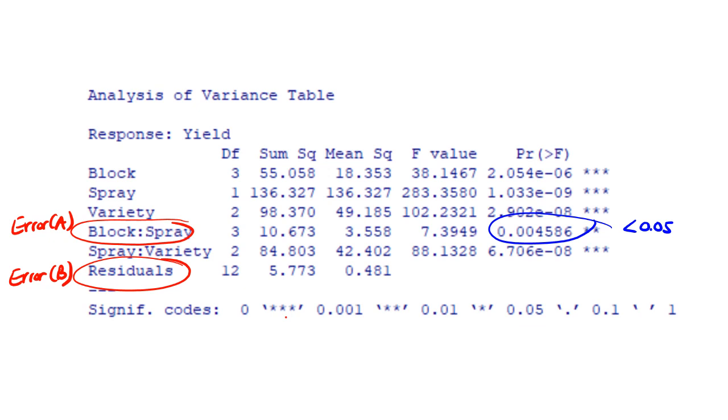Note that the F statistic for spray is incorrect, as it is calculated using the mean square of error B. For the main plot factor, the F statistic is calculated using the mean square for error A.